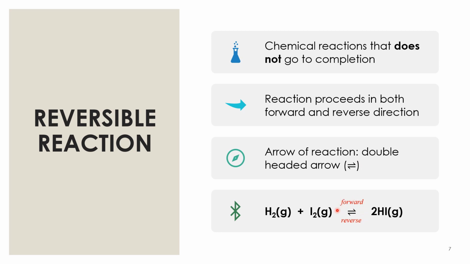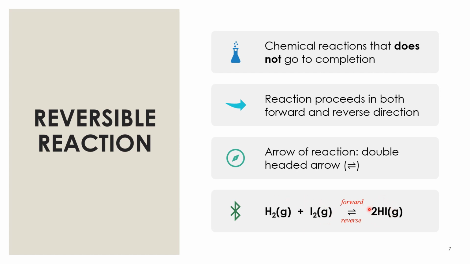So this double-headed arrow menunjukkan bahawa from this H2 and I2 kepada this HI, ini adalah merujuk kepada forward reaction, dan apabila HI berpatah balik membentuk this H2 and I2, this is so-called reverse reaction. In forward reaction, these two will become the reactants and HI will be the product.